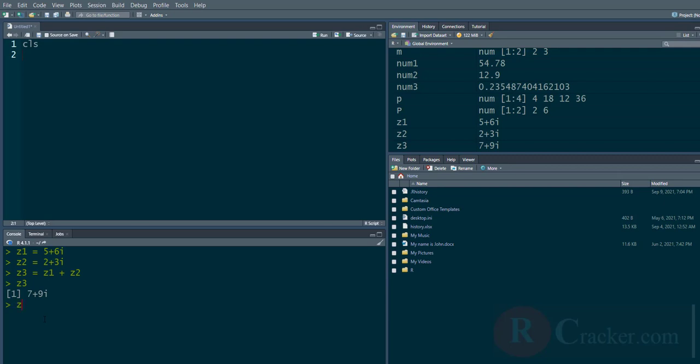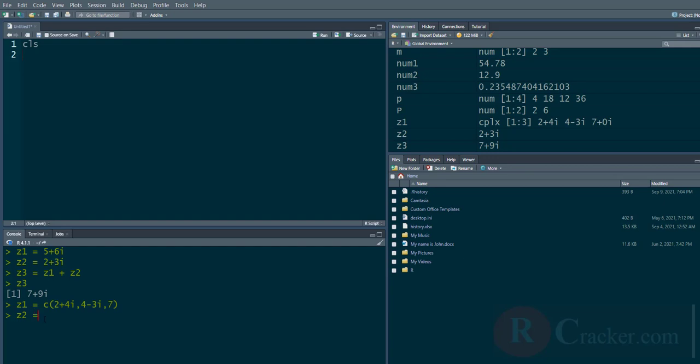Now let us further extend our domain of examples. Let me declare Z1 to be equal to c of two complex numbers, say 2 positive 4i, comma 4 negative 3i, two complex numbers. Let me introduce one more complex number: 7 is also a complex number. Of course the imaginary part is missing, but that doesn't mean it's not a complex number.